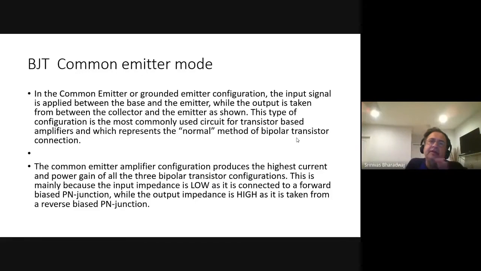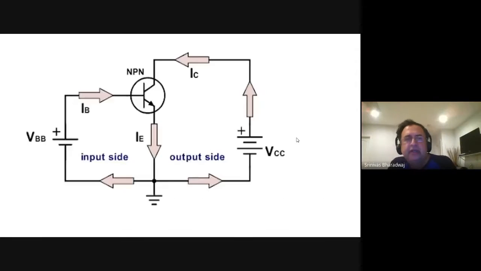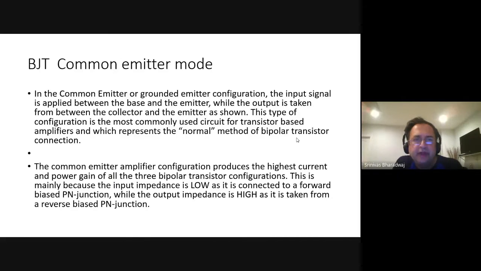Let me read this so that you understand what it is. In the common emitter or grounded emitter configuration, the input signal is applied between the base and the emitter, while the output is between the collector and the emitter. This type of configuration is most commonly used for transistor based amplifiers, which represents the normal method of BJT, bipolar junction transistor, operation.